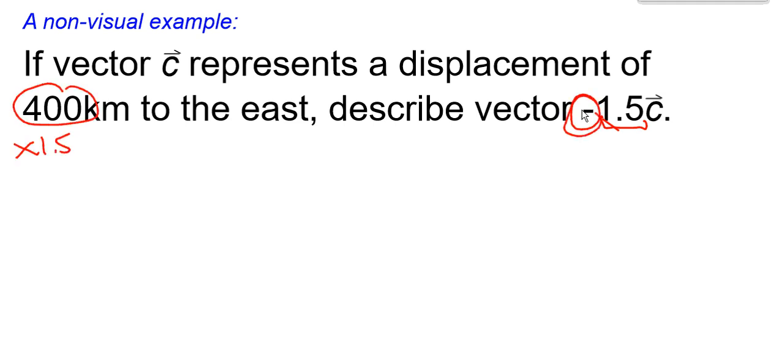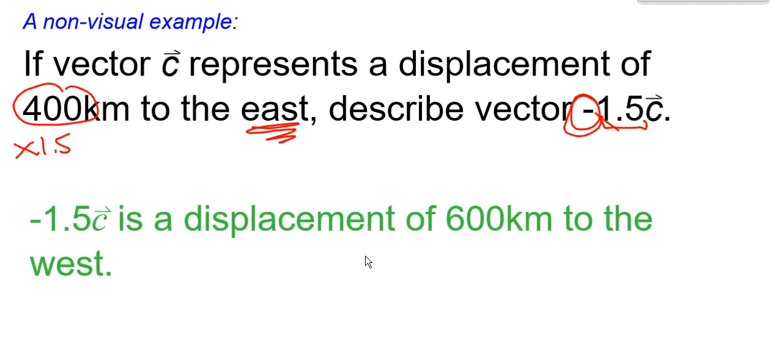And because it's negative, it's going to go in the opposite direction. So the opposite to east is west. So my answer would be that it's a displacement of 600 kilometers, because that's 400 times 1.5, and it's to the west because that's the opposite direction. So I hope that that makes sense, and it sort of fits with what we think about numbers anyway.